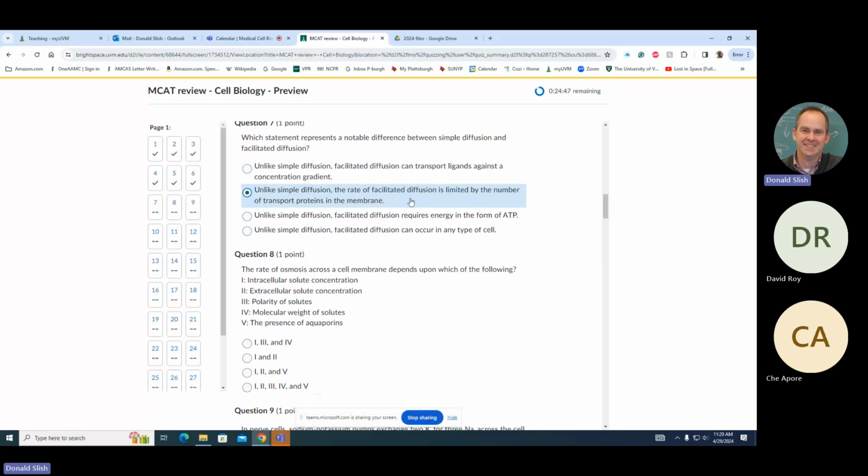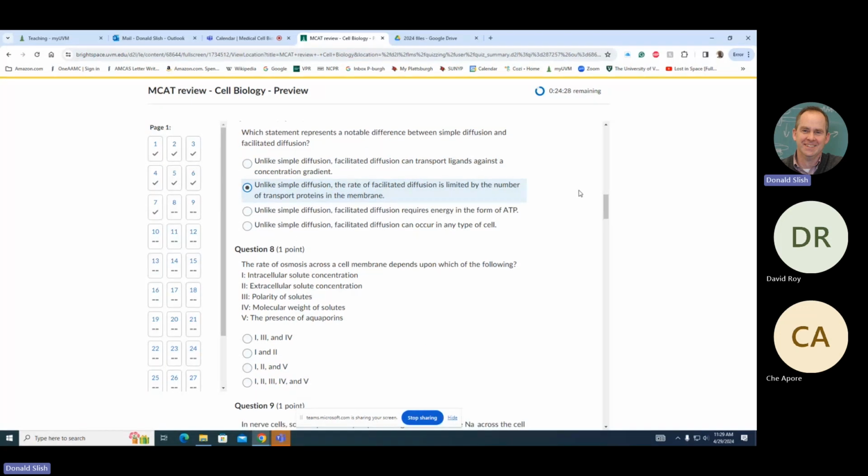That would be this one, more so because the other ones are wrong. Facilitated doesn't use ATP, and can happen in any cell. Can it transport ligands against the gradient? Nope. Facilitated is still passive, so it has to go with the concentration gradient.